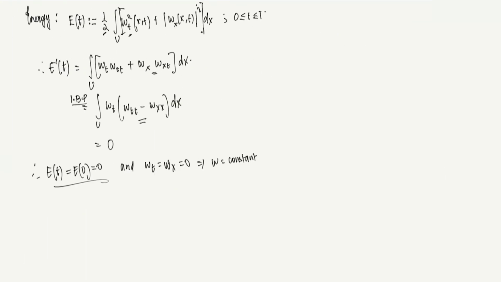So that will imply that W, which is U minus U tilde, is equivalent to 0 in U cross 0 t closed. Therefore U has to be equivalent to U tilde in U cross 0 t closed. So uniqueness. Is this okay? This is how you find uniqueness.